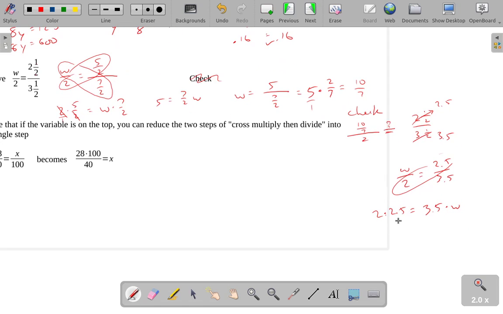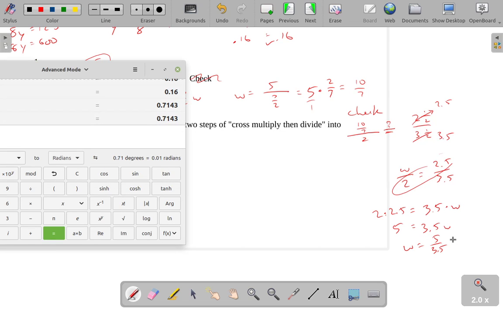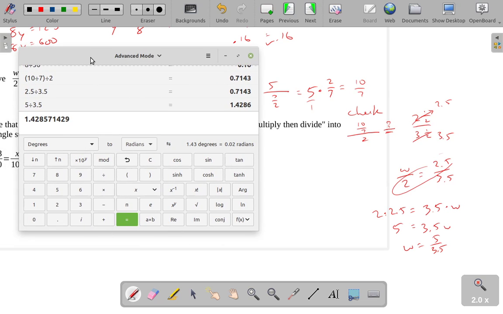At this point, 2 times 2.5 is 5, equals 3.5 w, and w equals 5 divided by 3.5. So this is actually an argument for why it works out a little nicer if I work with fractions. 5 divided by 3.5 comes out as some decimal, and I don't have the exact version of this number based on the work that I did.